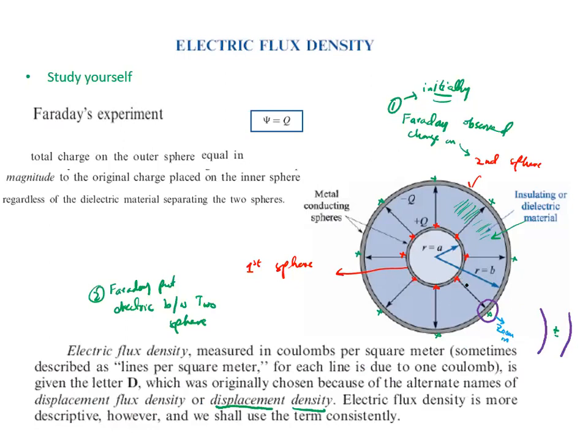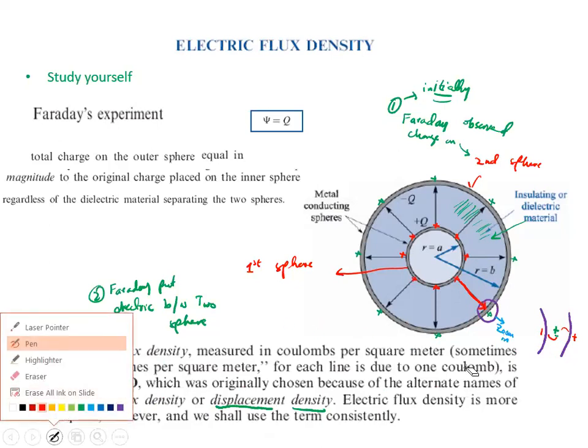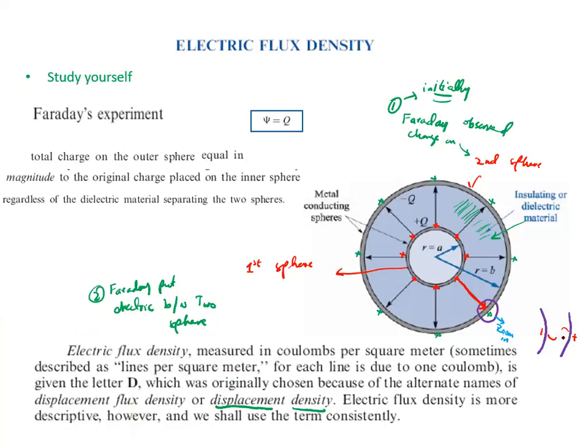When this red positive charge sends electric field towards the outer sphere, the negative electrons come to the inner surface, leaving the outer surface positive. So the inner layer becomes negative, the outer layer becomes positive.